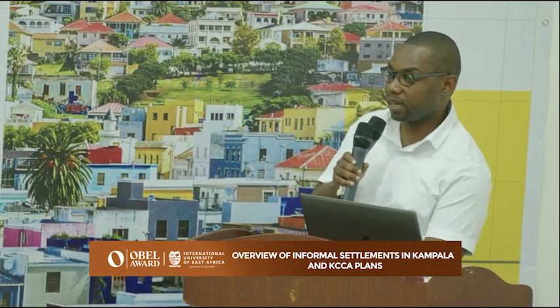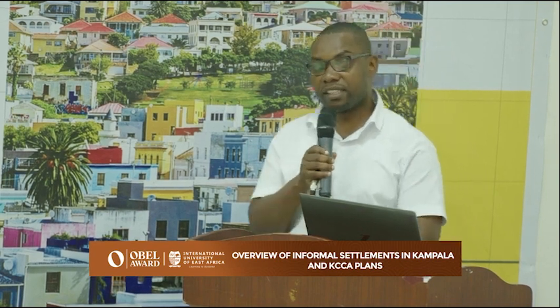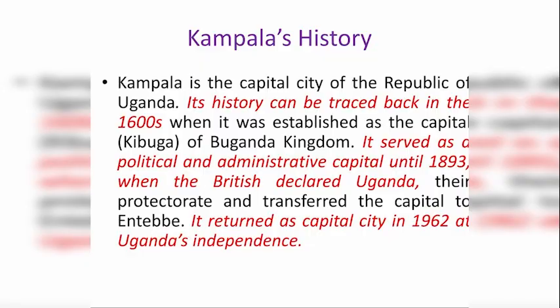As we all know, Kampala is the capital city of Uganda. Currently, we have quite a number of other cities that have come on board, but Kampala has been the first since independence in 1962. In 1893, when the Bazungu were here, they came and agreed to make Kampala the capital city.